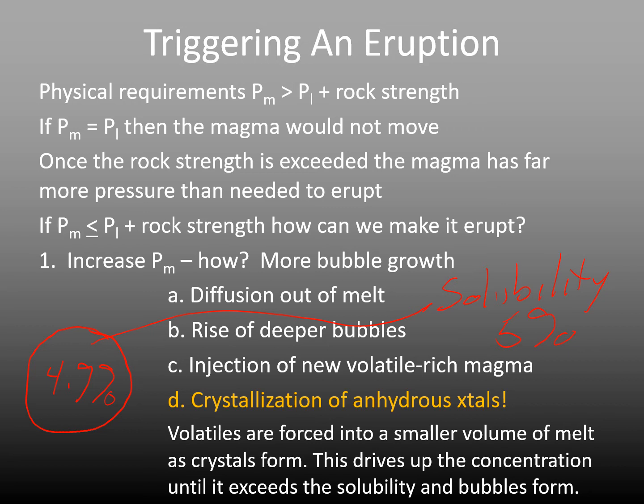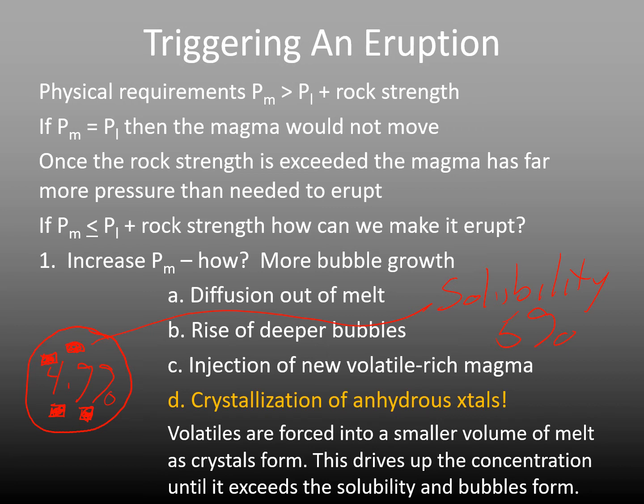So let's say this magma over here just sits and starts to cool off a little bit. What happens to magmas that start to cool? They start to crystallize. Let's say you start to make solid crystals that don't incorporate any gases. Okay, so now you've decreased the amount of melt here, haven't you?